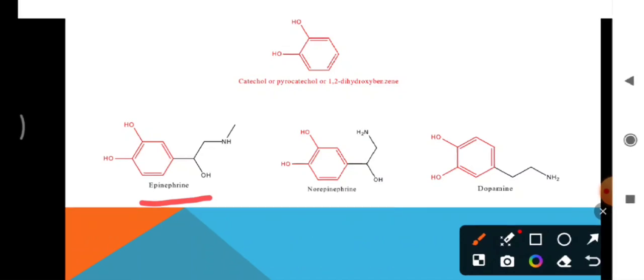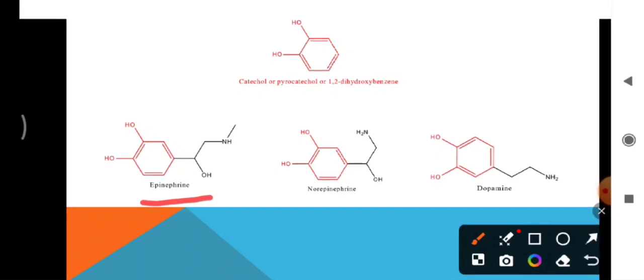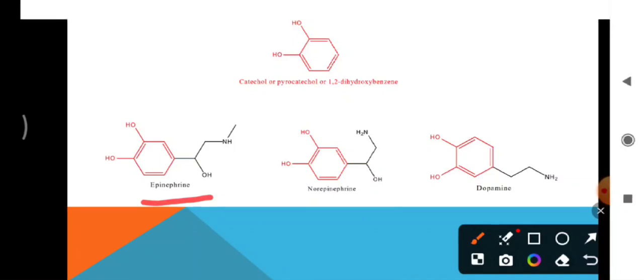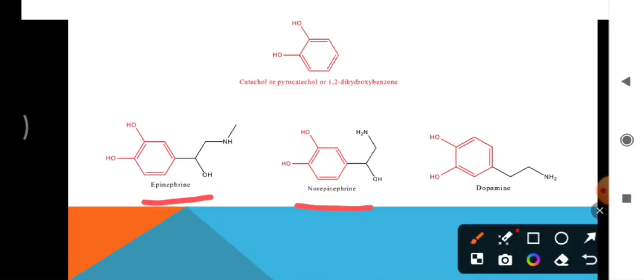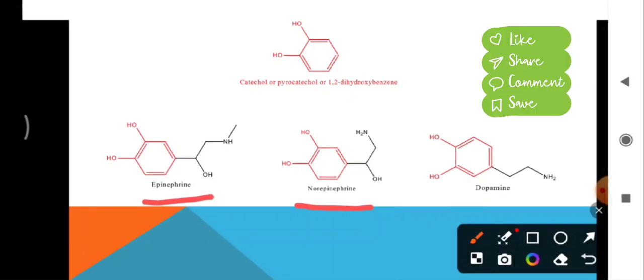But the results of a series of investigations indicated that the transmitter released from the sympathetic nerve endings was not epinephrine. It is now generally accepted that norepinephrine, that is noradrenaline, is the true sympathetic neurotransmitter.